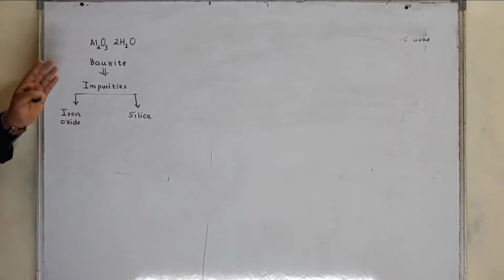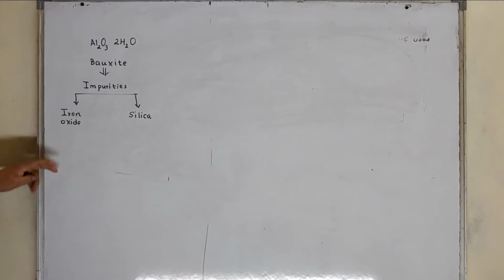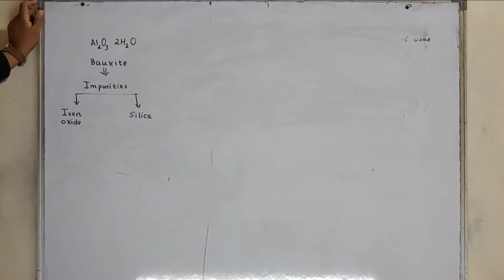So in the method of concentration of ore, we need to remove the impurities, and these impurities are called gangue.